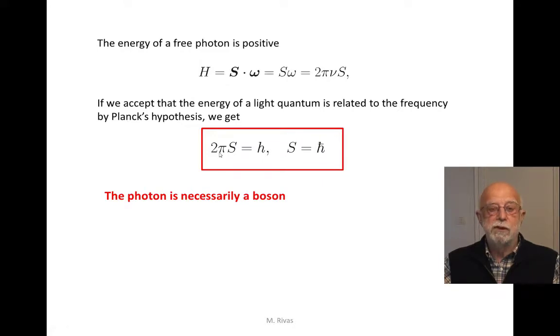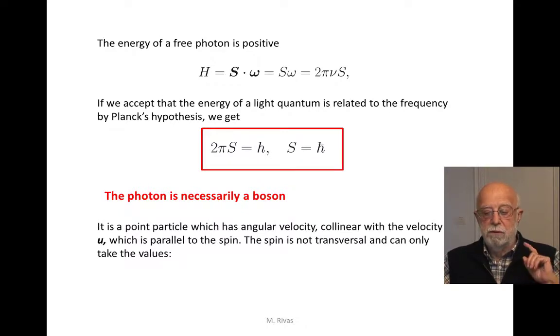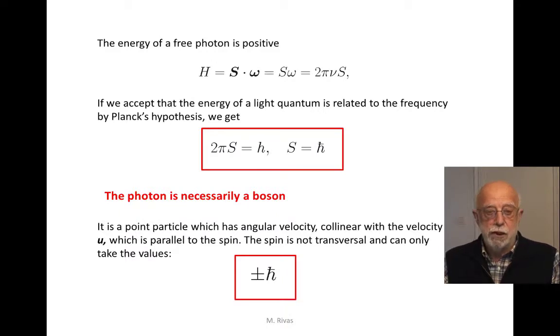The photon is necessarily a boson, and the possible values of the spin are necessarily plus or minus h bar. What we have here is a photon moving along a straight line with the angular velocity rotating along that direction, pointing forward or backwards. So it is rotating rightwards or leftwards. So a beam of monochromatic photons, all with the spins in the same direction, corresponds classically, from the electromagnetic point of view, to a circularly polarized monochromatic wave, right or left according to the spin direction.